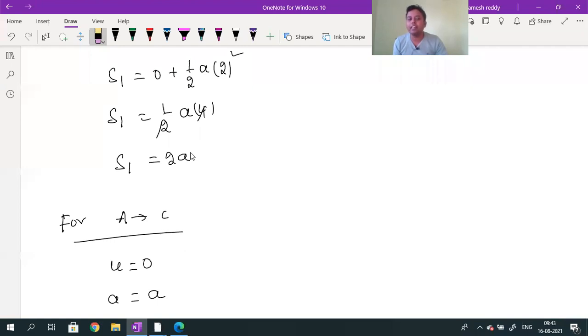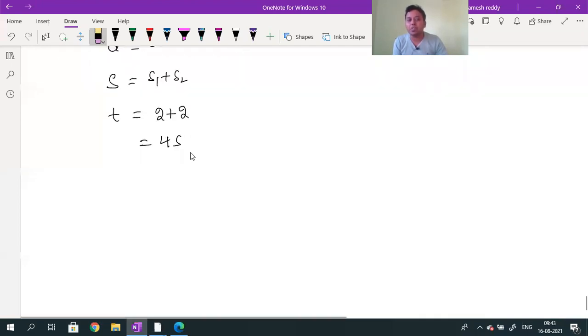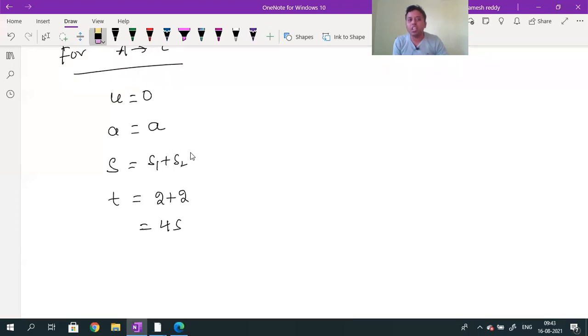Now, in the second equation, when I consider the A to C journey, u value is 0 and acceleration is a. Whenever they mention the motion is uniformly accelerated, then only is acceleration constant. So the total distance traveled is S1 plus S2, and time taken is 2 plus 2, which is 4 seconds.